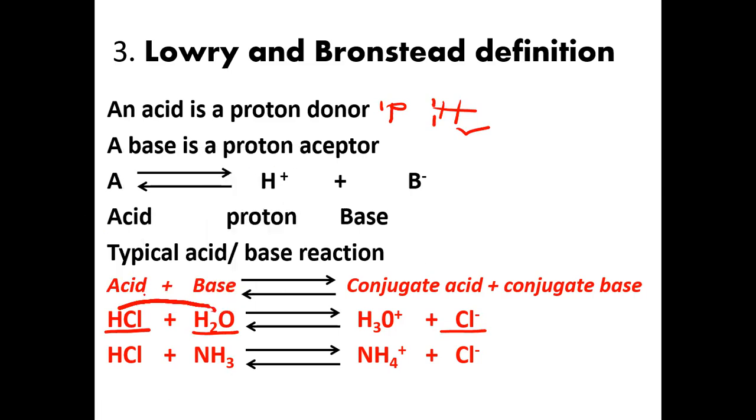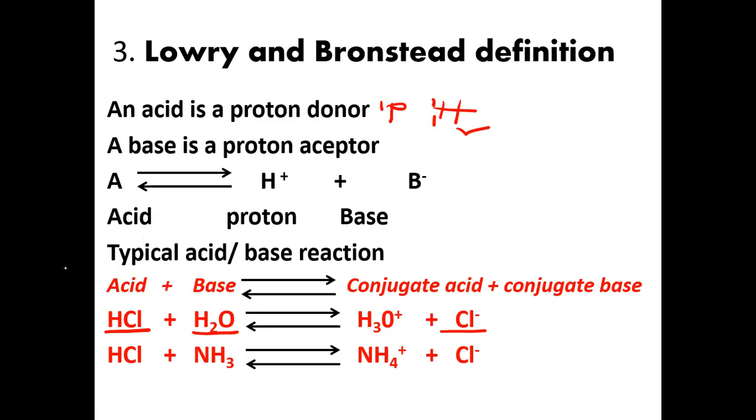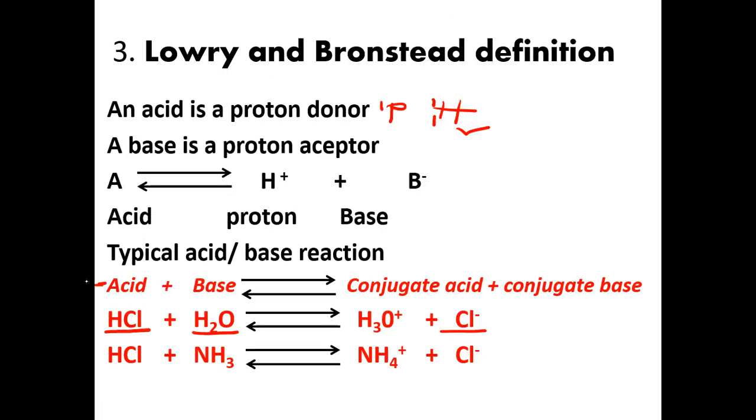It means that this HCl was able to donate the proton and so qualifies to be our acid. Again, once this water was able to accept the proton from the HCl, it qualifies to be our base, as we can see here.